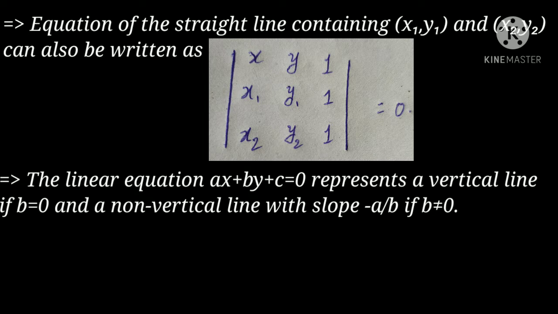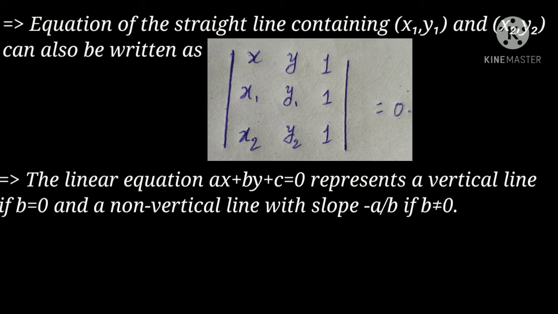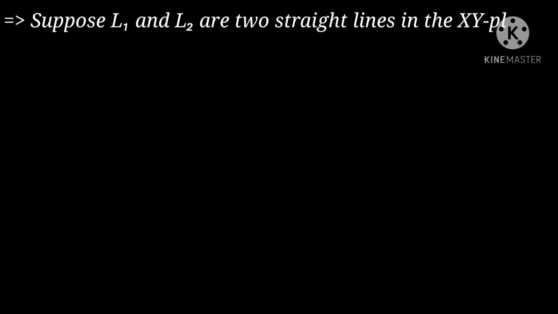That means the general form equation ax plus by plus c equal to 0 represents a vertical line if b equal to 0. If ax plus by plus c equal to 0 is a non-vertical line, then the slope of that line is minus a by b.